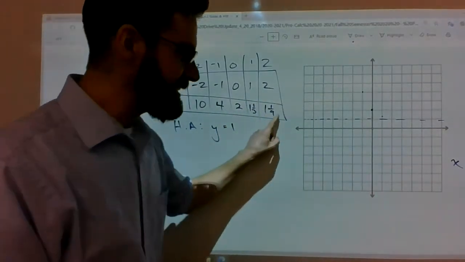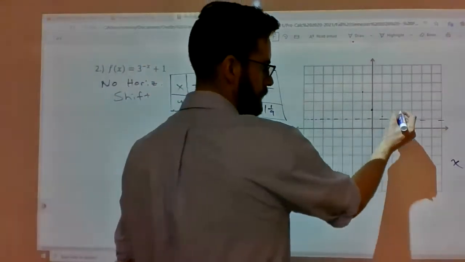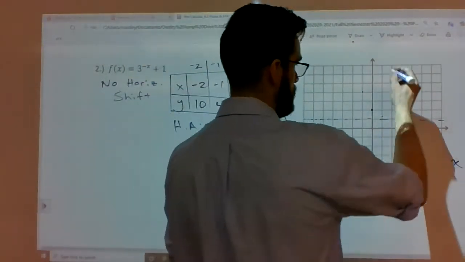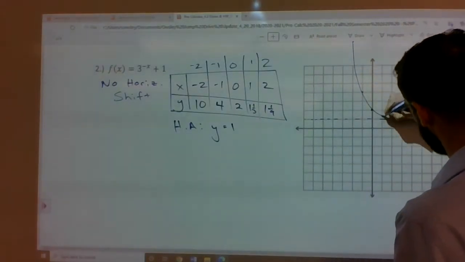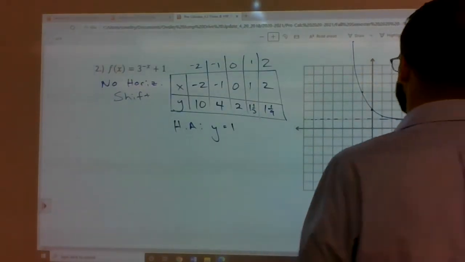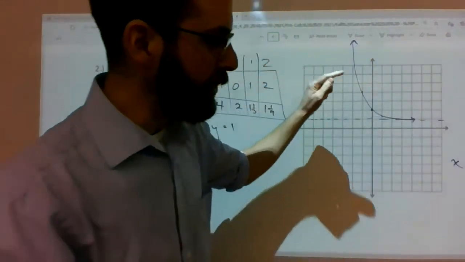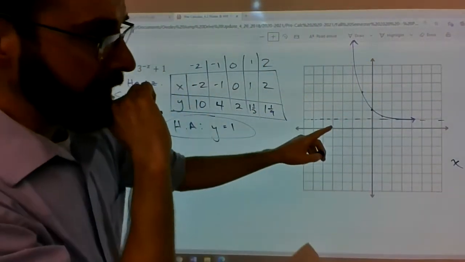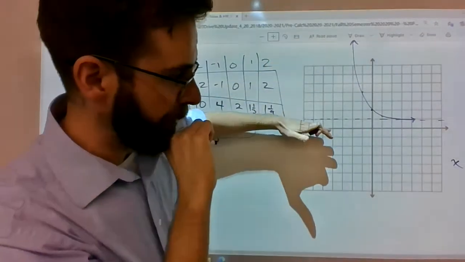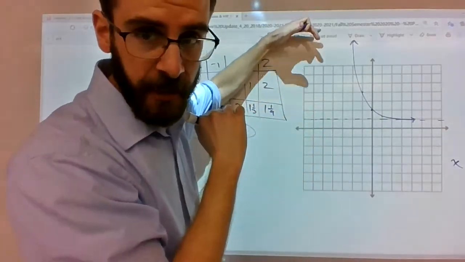And this gets infinitesimally smaller. So it levels out, never going below that axis, which tells us that our range, sorry, our range is going to be from 1 to infinity.